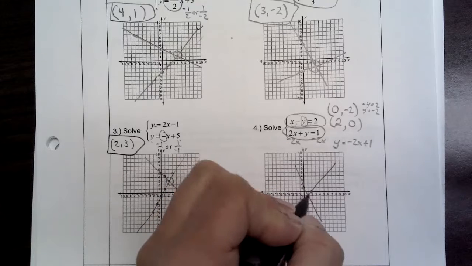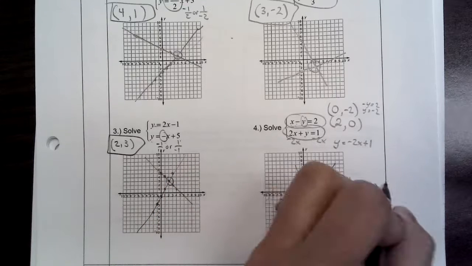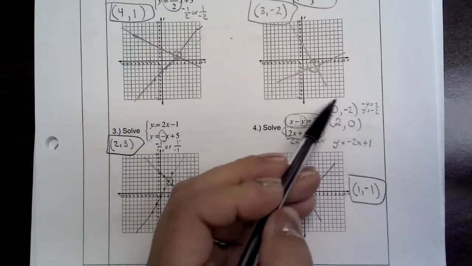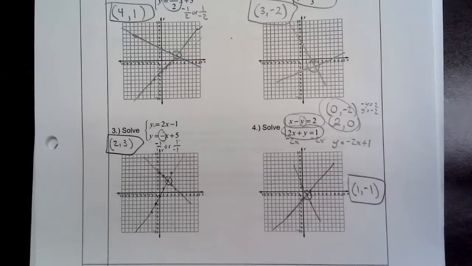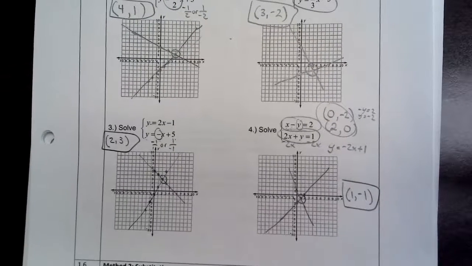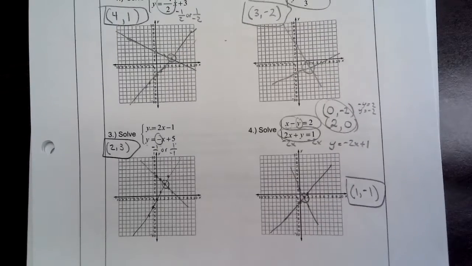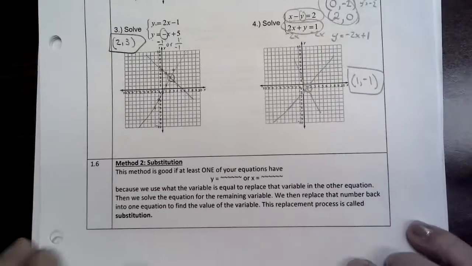You can see that these cross at (1, -1). When you're graphing these, remember that you can graph it this way. That works just fine. If I'm not asking you for a slope or anything, all you need is two points to graph a line. But once again, we don't use graphing much because it is not very accurate.